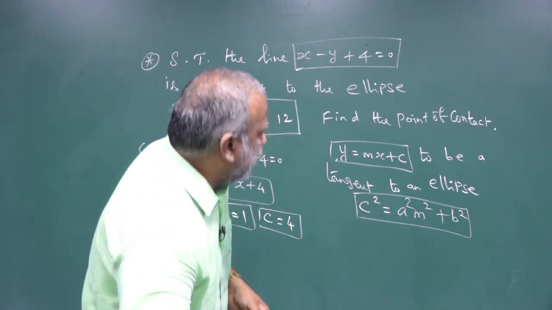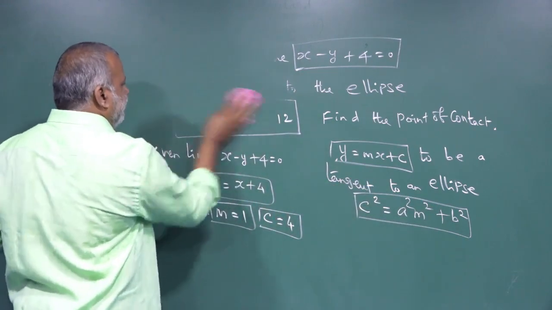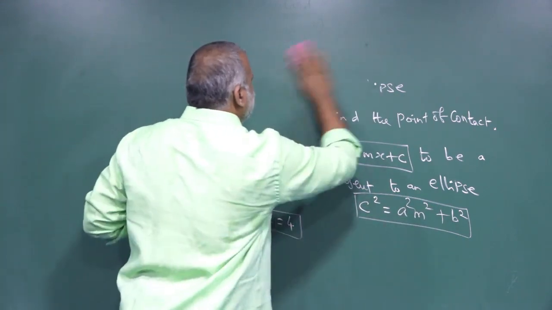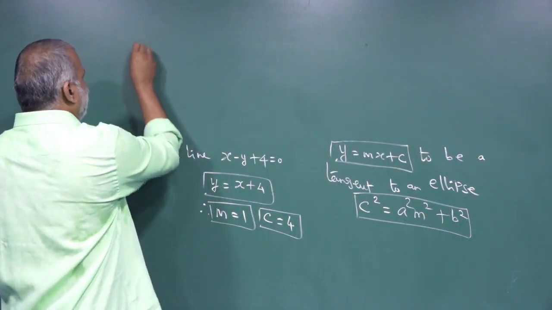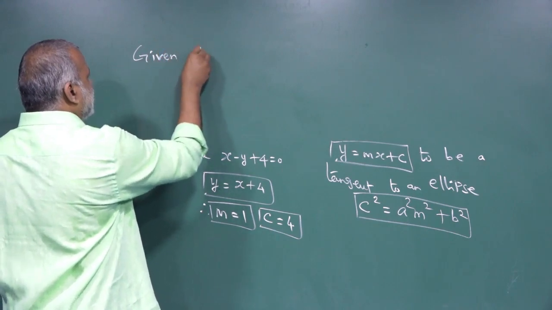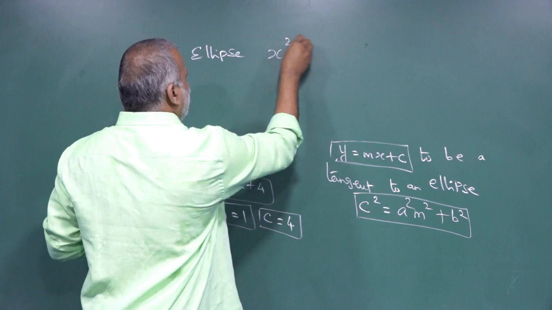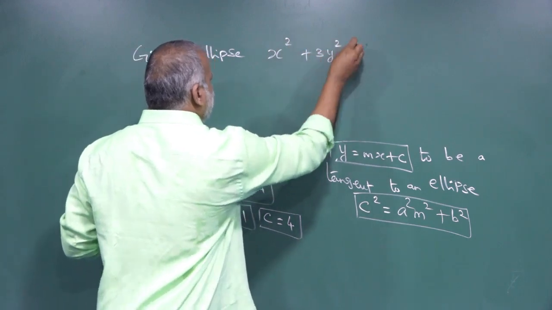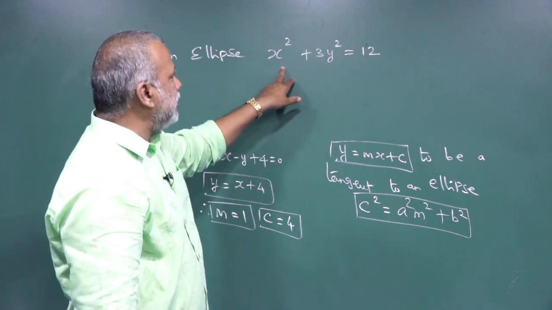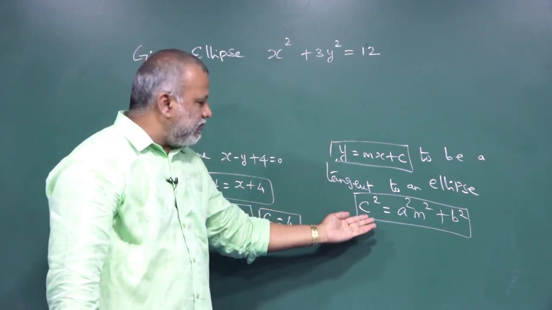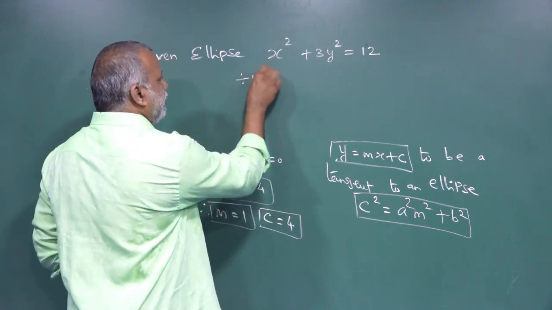Then what is the next thing we need? a squared and b squared. From the given ellipse, what is the given equation? x squared plus 3y squared equal to 12. We need to find the values of a squared and b squared, therefore convert into the standard form.